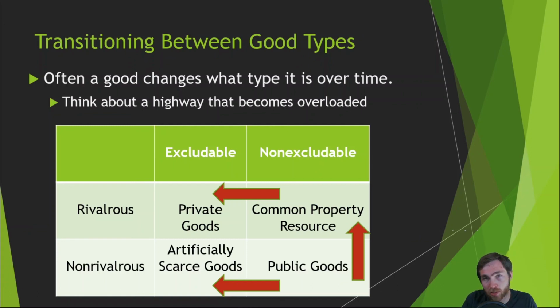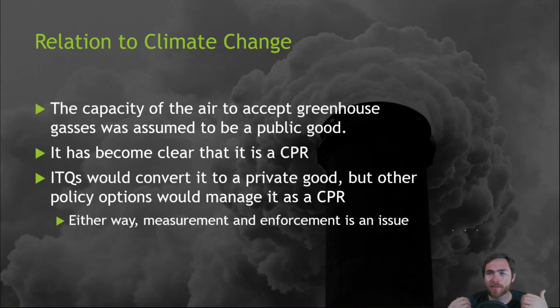Now, the most important story that we can tell with this is the relation to climate change. At the beginning of industrialization, the capacity of our atmosphere to accept greenhouse gases was just assumed to be a public good. If I did it, it didn't impose a cost on anyone else, it wasn't excludable, it's not rivalrous. But it's become clear that it actually behaves far more like a common pool resource.